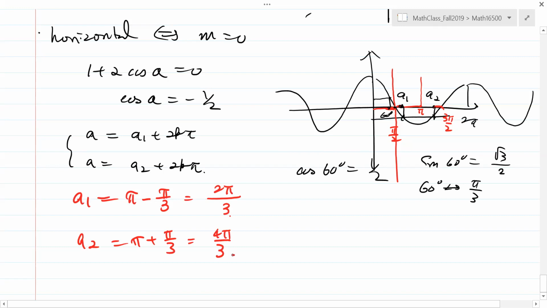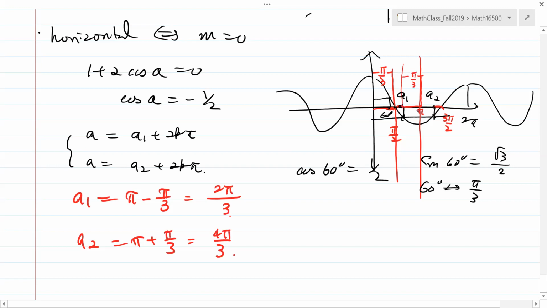The reason is, this is pi. From here to here, it's pi over 3. And from here to here is also pi over 3.